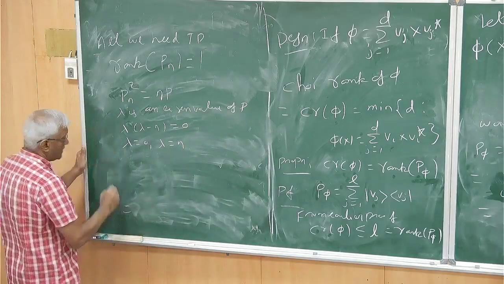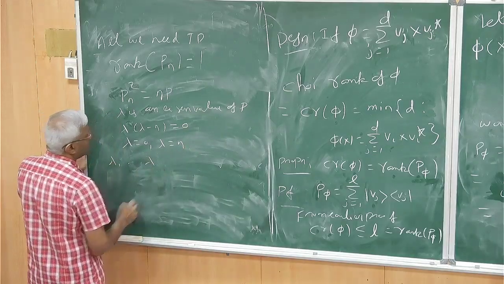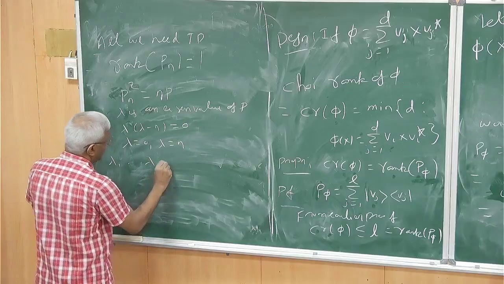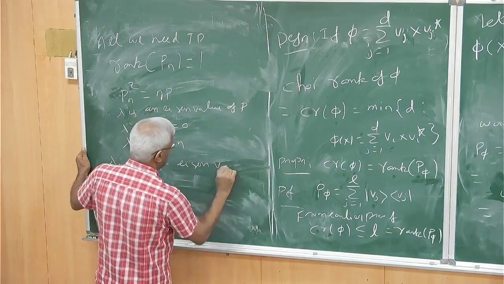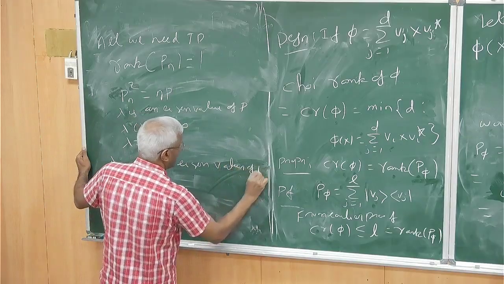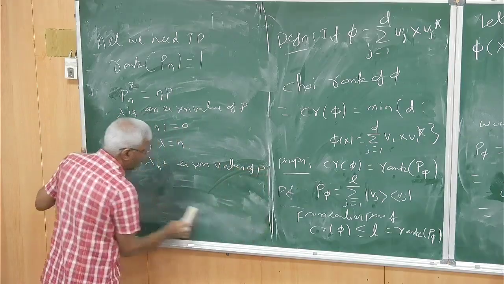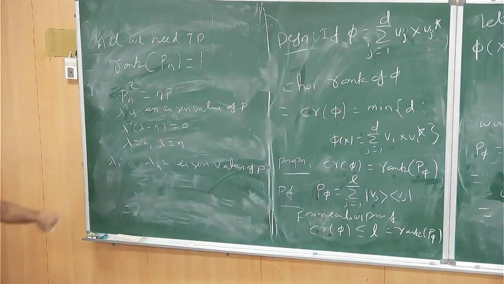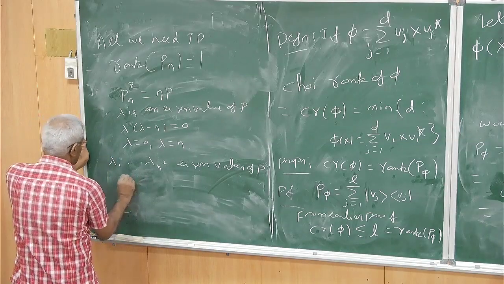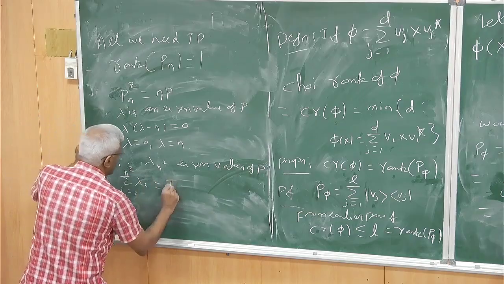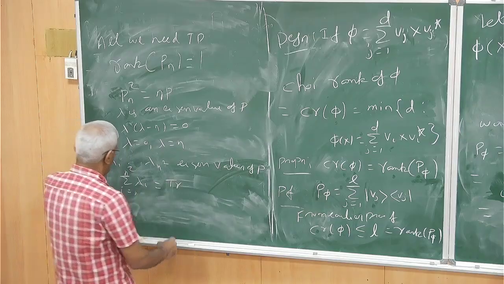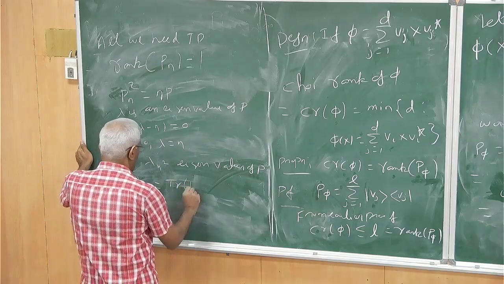Now lambda 1 up to lambda n squared are the eigenvalues of Pn, maybe repeated. Then the summation of lambda i, i equal to 1 to n squared, equals the trace of Pn.